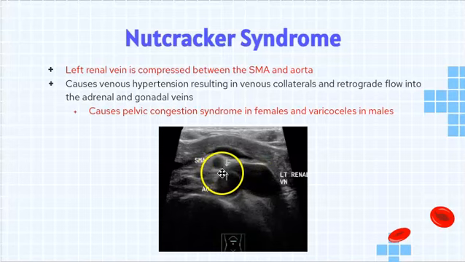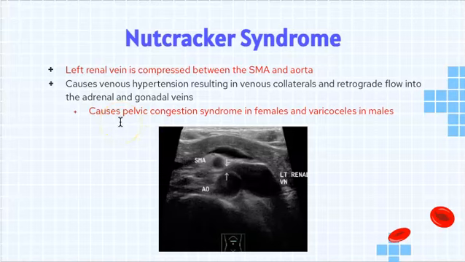So here it's being compressed, and then this is our engorged vessel here. This causes venous hypertension, which results in venous collaterals and retrograde flow into the adrenal and gonadal veins. And then this causes pelvic congestion syndrome in females and varicoceles in males.